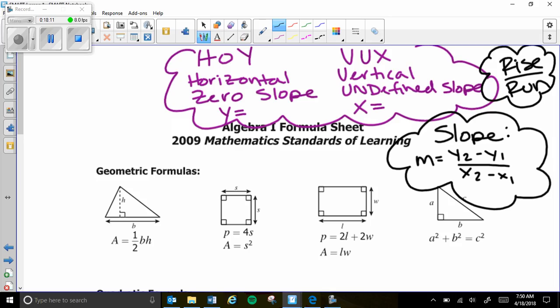Now remember, on your formula quiz, you're going to be expected to label these things. So on your formula quiz, if you do not write the word slope and you just write that formula, it's not going to count as a point because we don't know that you know that's the formula for slope. Knowing that formula is great, but you also have to know what it's used for.